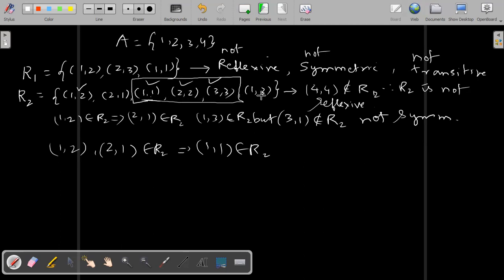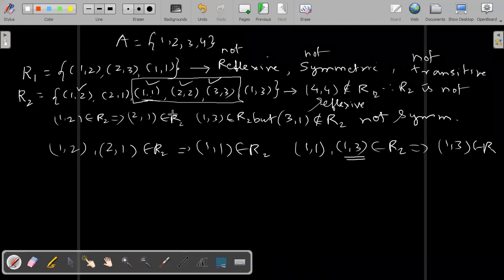These two belong to R2. That implies that 1, 3 should belong to R2. So 1, 3 is already there, so this is also following.